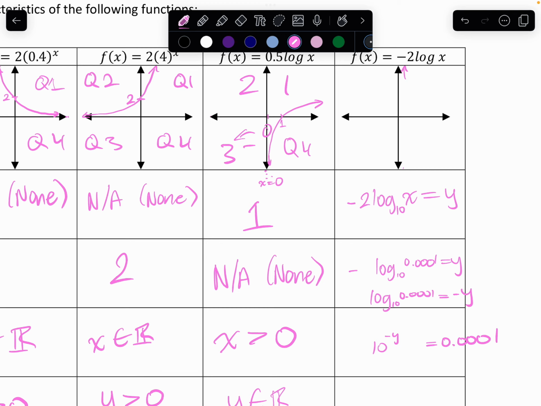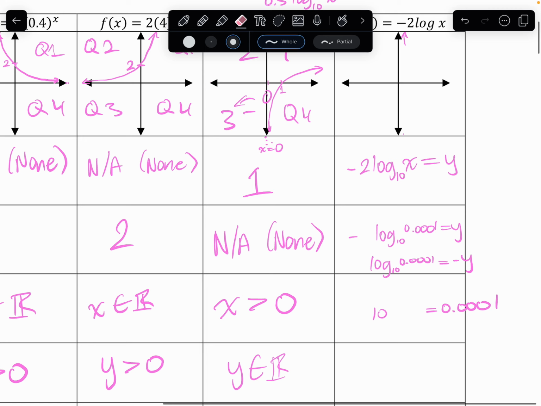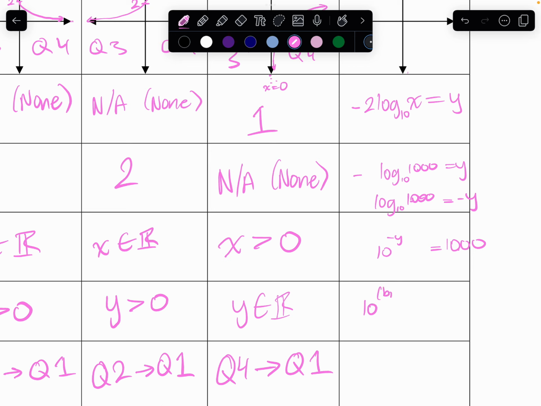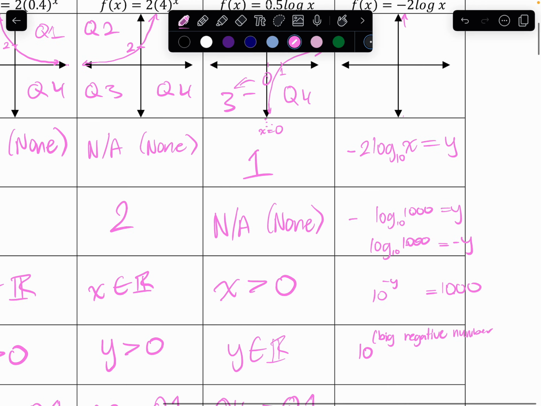And then as x gets bigger, let's plug in the same thing, big number, 1000. 10 to the power of negative y is 1000. It has to be 10 to the power of a big negative number, right?